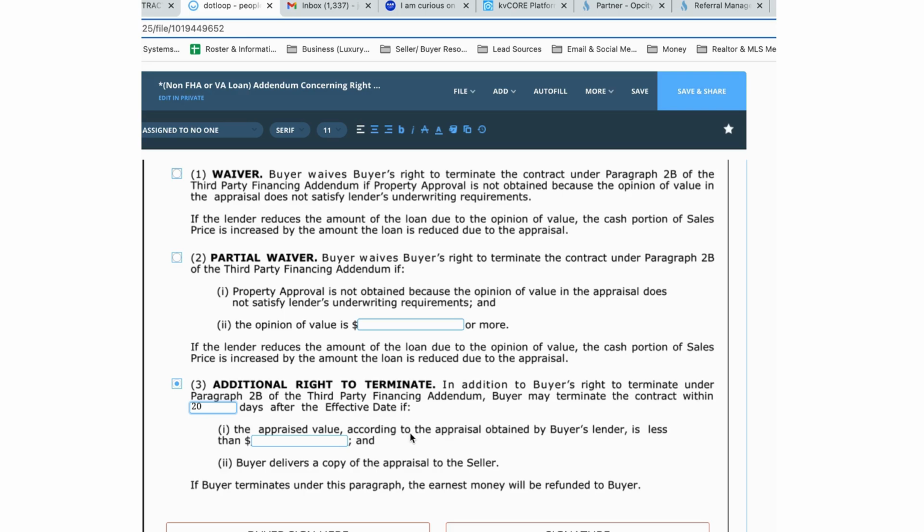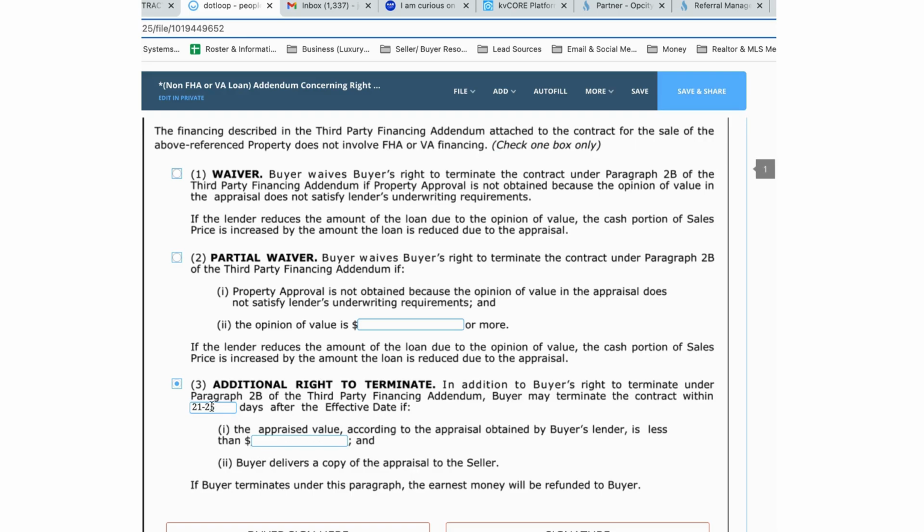I would think you'd have your appraisal by 21 days. Because the way you put it, looking at this, is so many days after the effective date. You want this after the option period. So if you have a 10-day option period, you know that the title company and lenders don't start kicking in and doing what they need to do until after the title company. So you can put anywhere from 21 to 25 days after the effective date, okay?